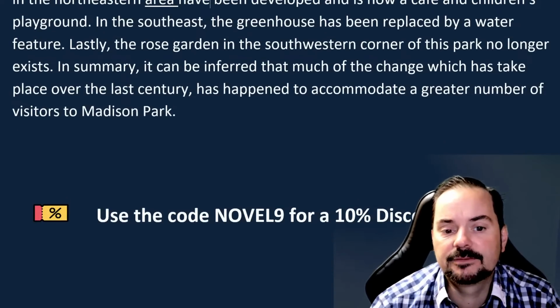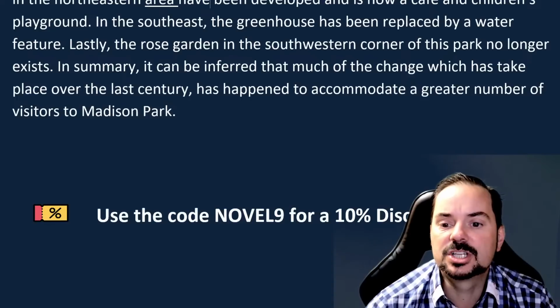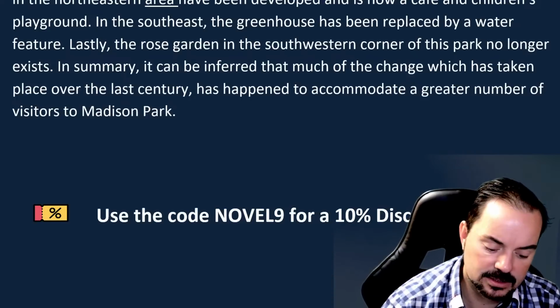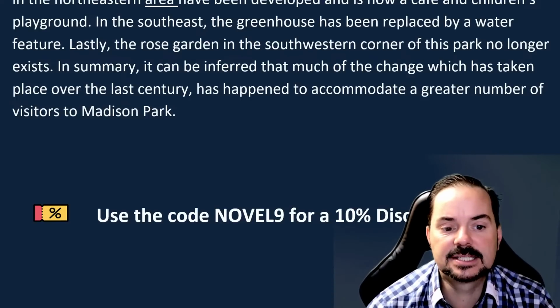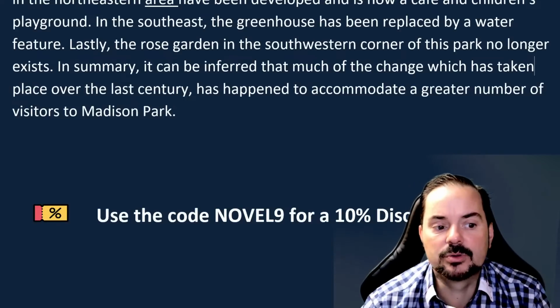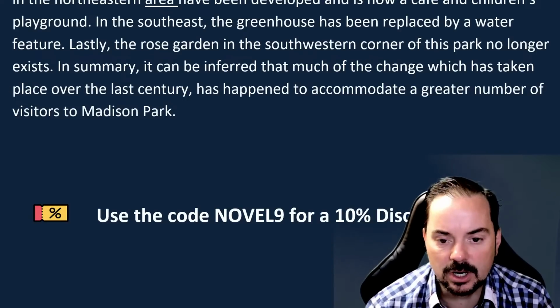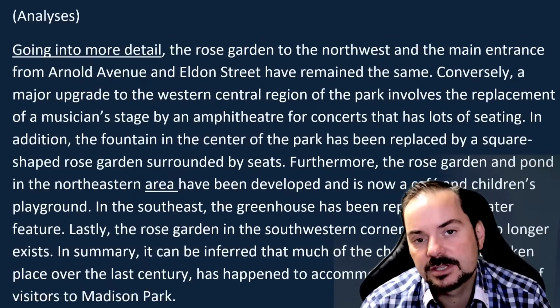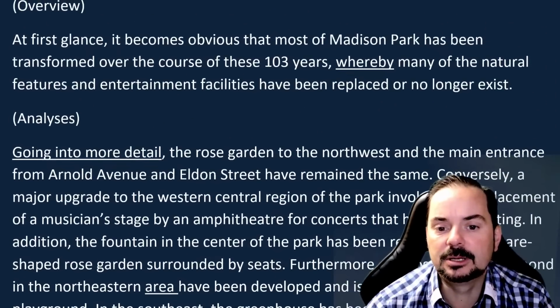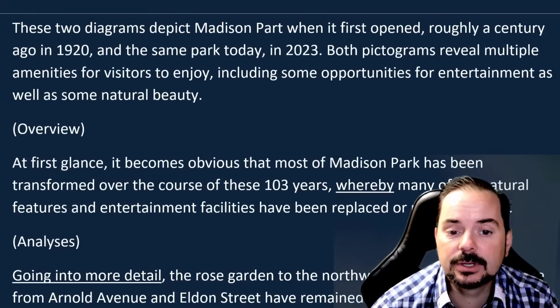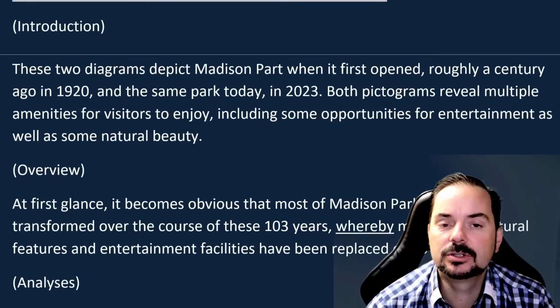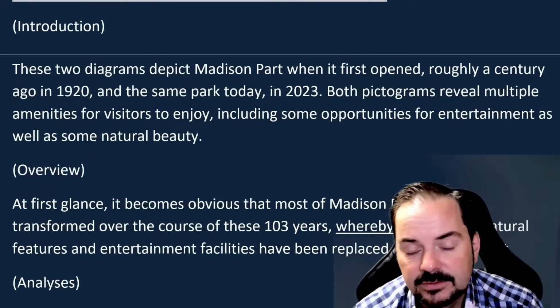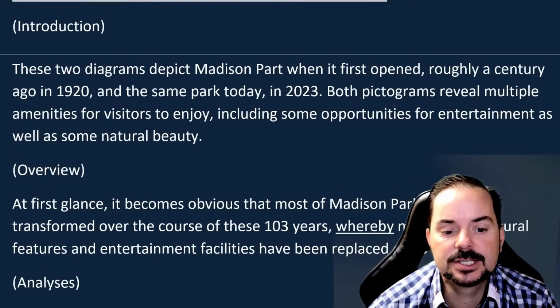In summary, it can be inferred that much of the change which has taken place over the last century has happened to accommodate a greater number of visitors to Madison Park. Okay, it reads well. A couple of small changes to help it read better or grammatically more accurate. There's a grammar fix there too with the infinitive replacing the present tense.